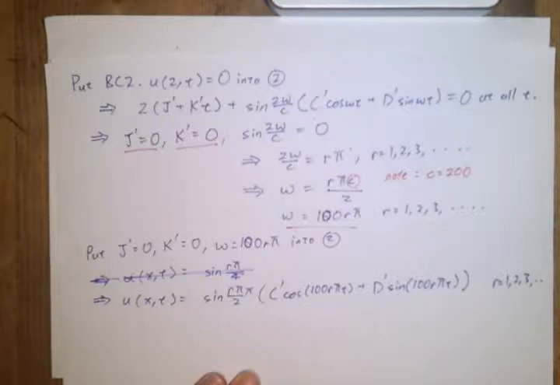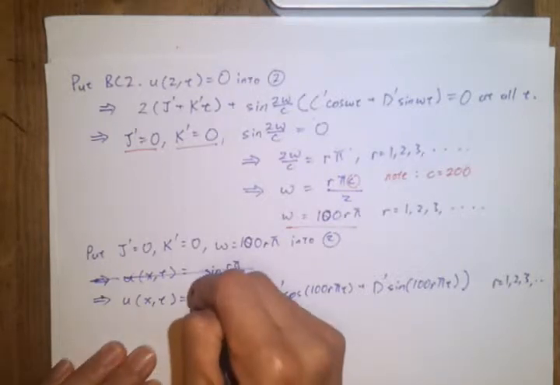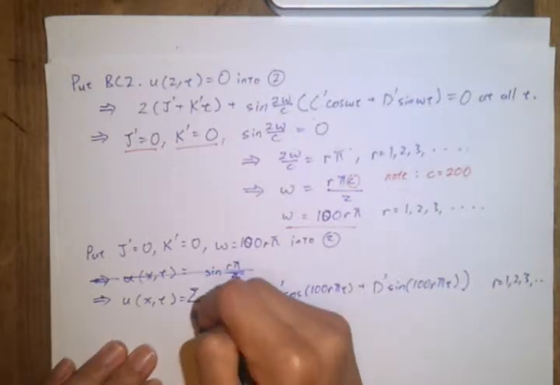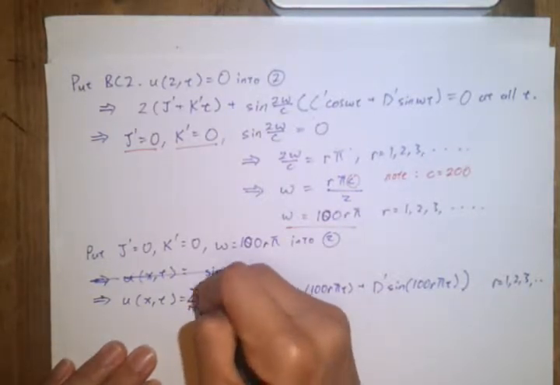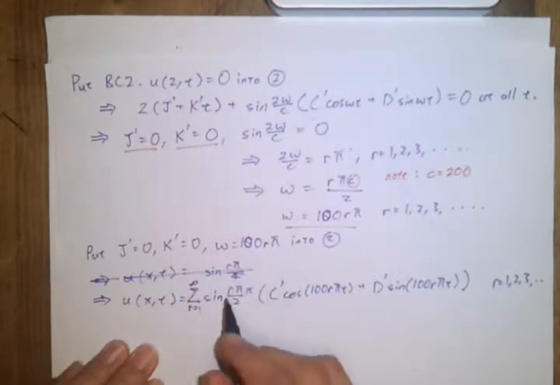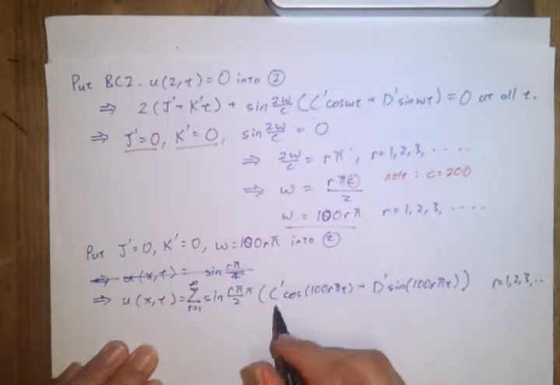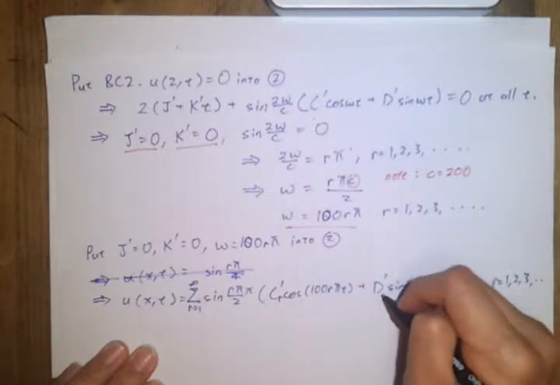So the solution that we want is not r equals 1 or 2 or 3. We want everything, so we sum up all the solutions from 1 to infinity, and each solution will have its own coefficients c r prime and d r prime.